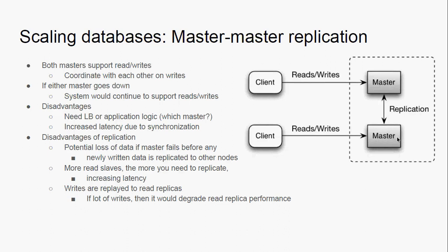And if you add slaves here, it's the master's responsibility to replicate to the slaves. So whenever a write comes, if there are 2 or 3 masters, they need to synchronously update all the masters.